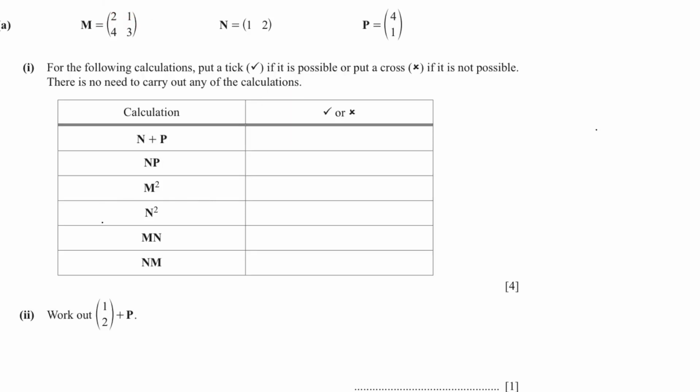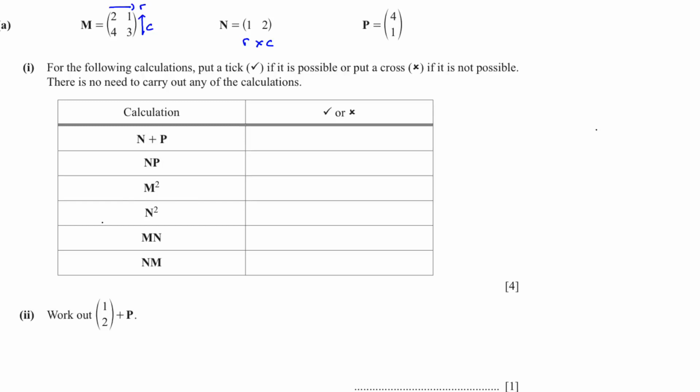These lines here, horizontal lines, are called rows. The vertical lines are called columns. When you want to describe a matrix, you will describe it by rows multiplied by columns. So this is a 1 by 2 matrix.